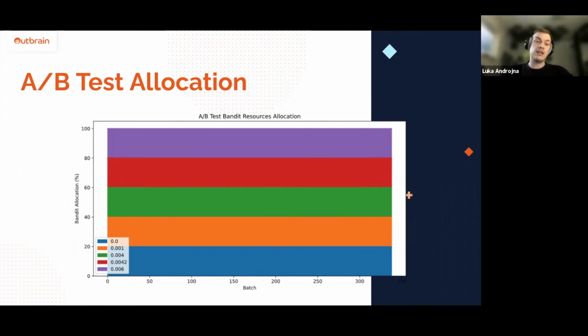If you're not seeing it, you might have a bug and you should really check out the code. Another thing to note here is that all of these charts are cumulative. So if we're looking at batch 50, that means how much resources were allocated to each bandit up until the 50th batch, summed up.